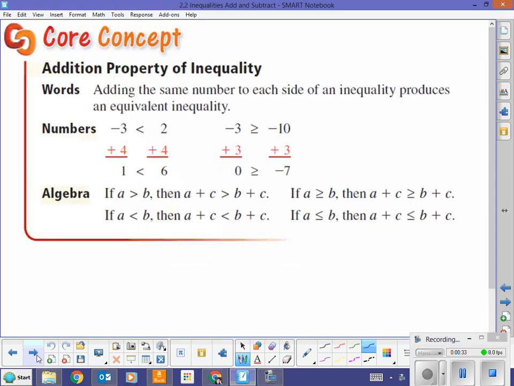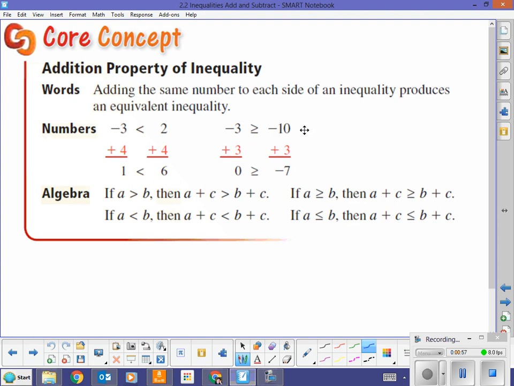And it's essentially this. For the addition property, all it really says is if I have a true inequality, like negative 3 is less than 2, that's a true inequality. If I add the same amount to both sides, I will end up with a true inequality. Over on this example over here, negative 3 is greater than or equal to negative 10.